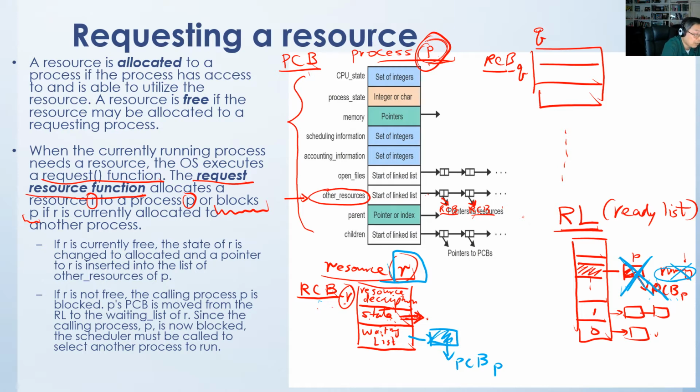It's going to pick the next highest priority process on the ready list, and then the operating system is going to actually pick this process to run. So this is how the operating system deals with the processes and resources.